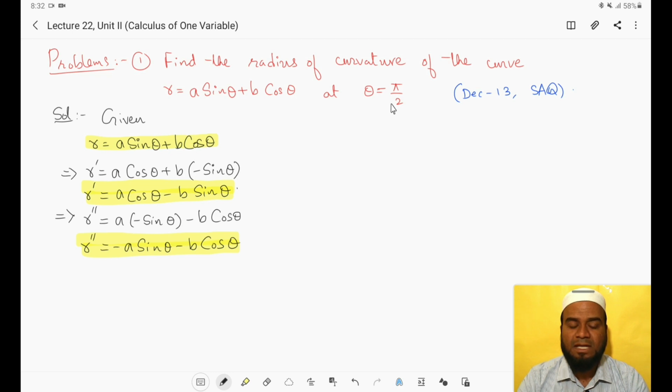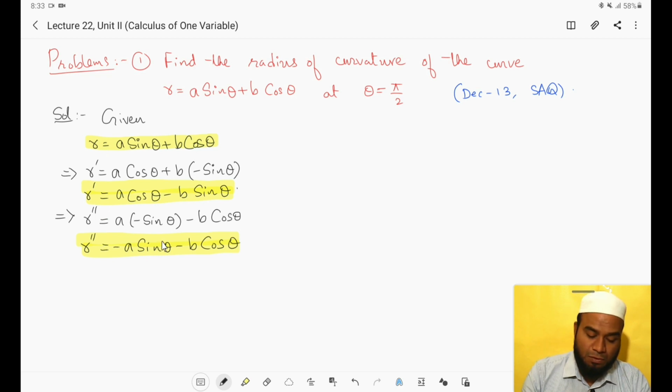If point is not given, directly we have to substitute. If point is given, then the point has to be substituted in the values of r, r dash and r double dash.